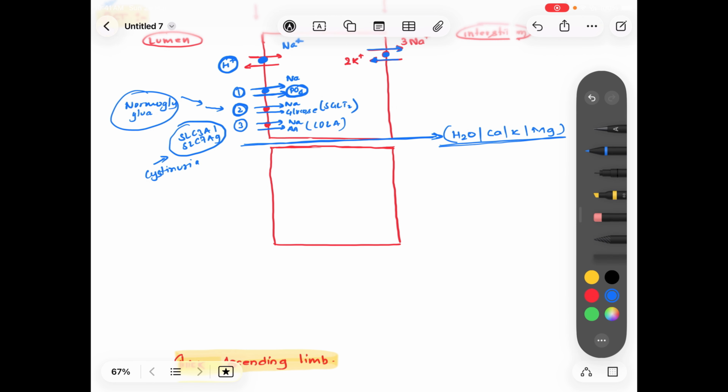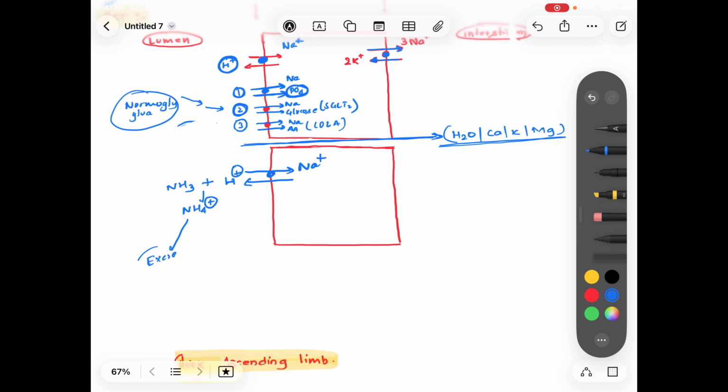So this is sodium and this is H+. This H+ combines with ammonia to form NH4+, which is excreted.